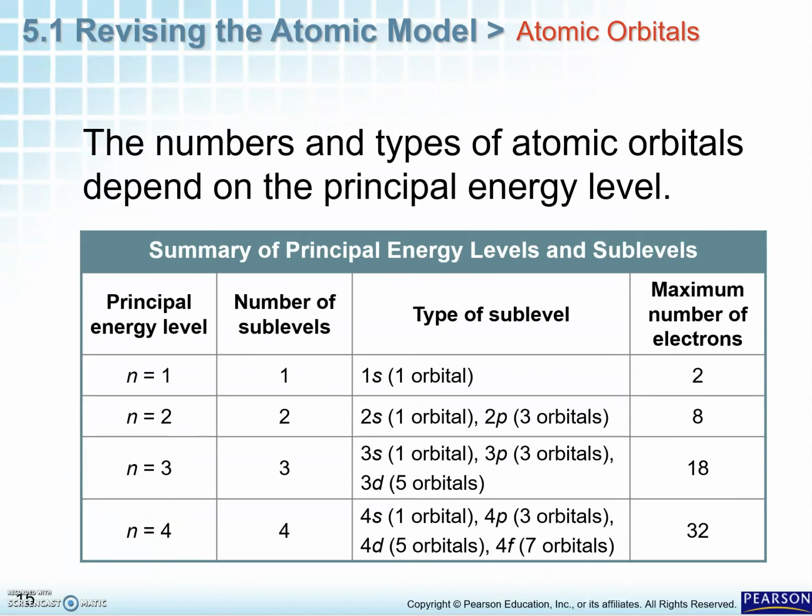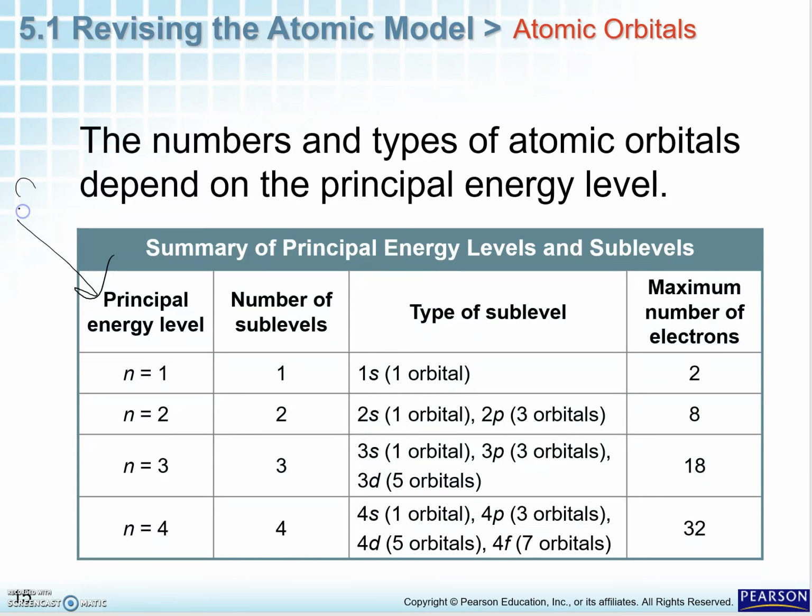Now, the numbers and the type of atomic orbitals depend on where you're at on our ladder. So remember that our ladder is our principal energy level, and that is going to tell you how many different types of atomic orbitals you're going to have. So here we have n equals 1. That means there's only one sublevel, and lucky for us, that sublevel is a sphere.